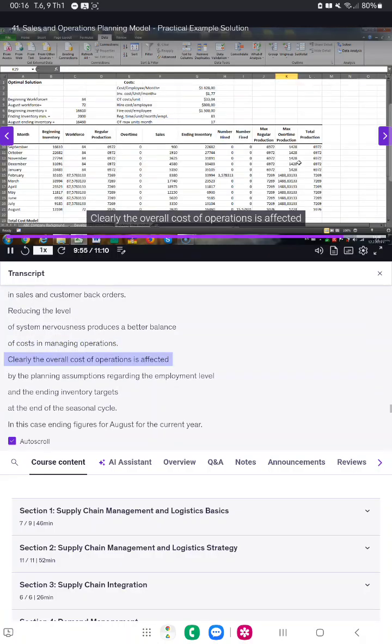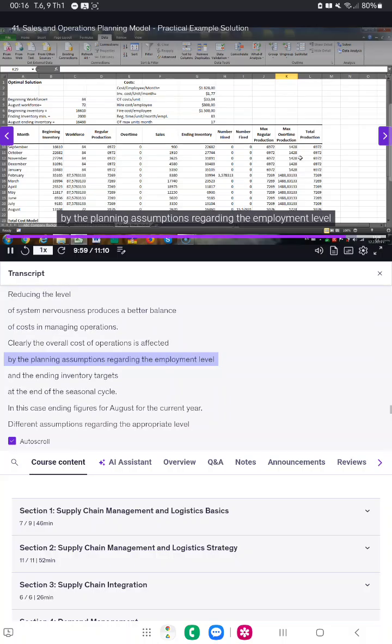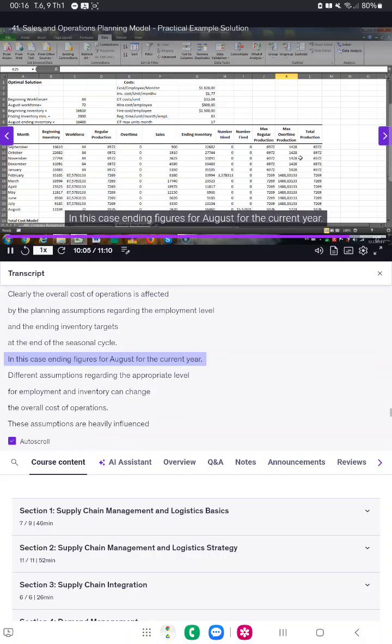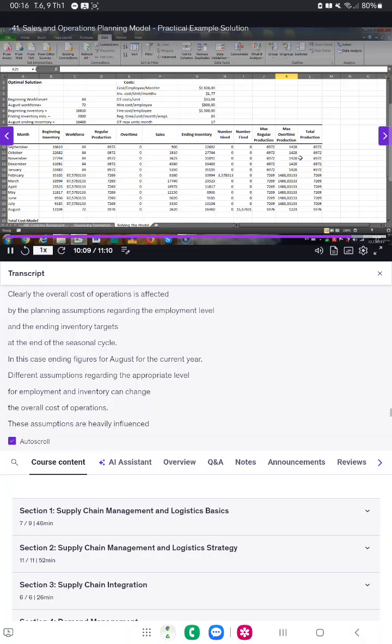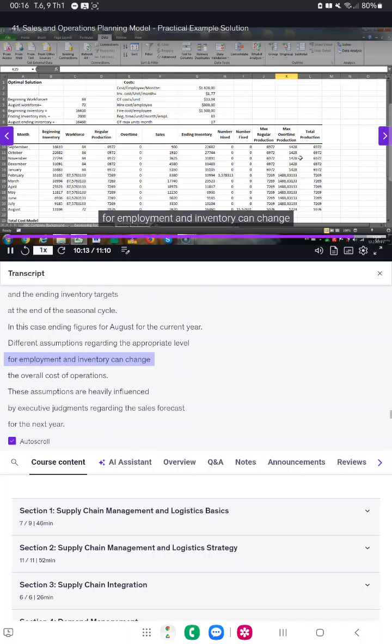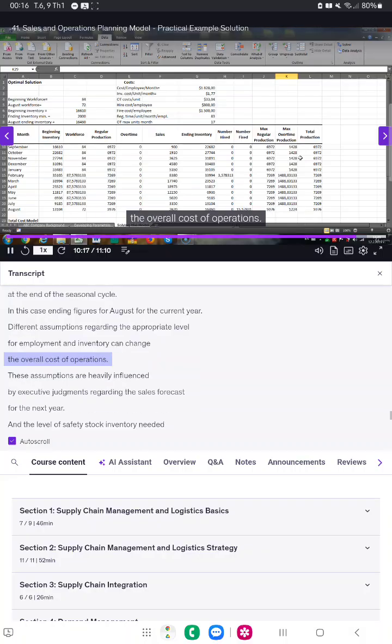Clearly, the overall cost of operations is affected by the planning assumptions regarding the employment level and the ending inventory targets at the end of the seasonal cycle. In this case, ending figures for August for the current year. Different assumptions regarding the appropriate level for employment and inventory can change the overall cost of operations.